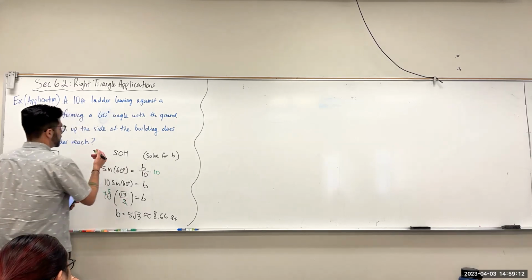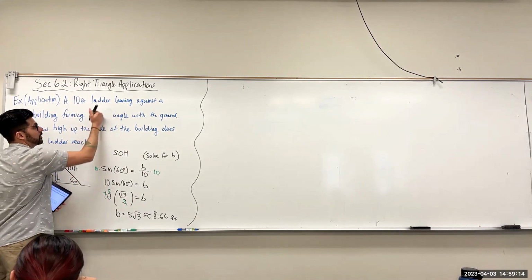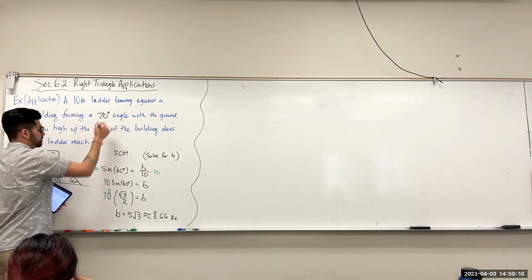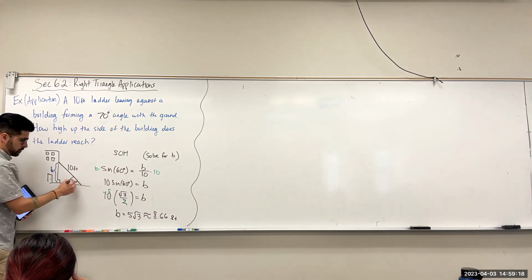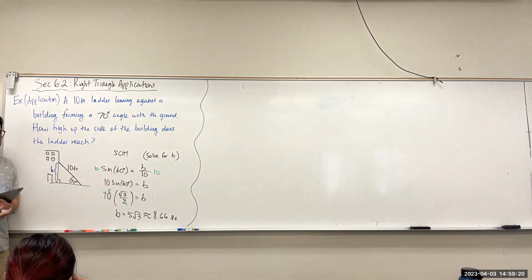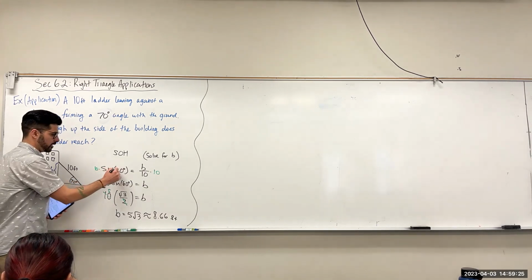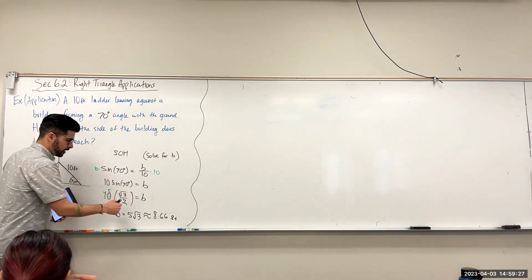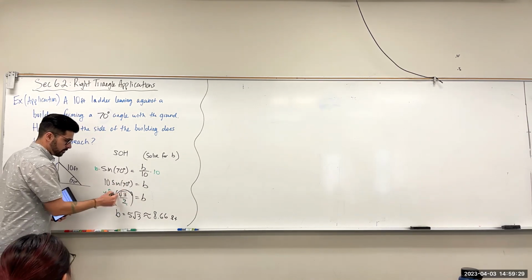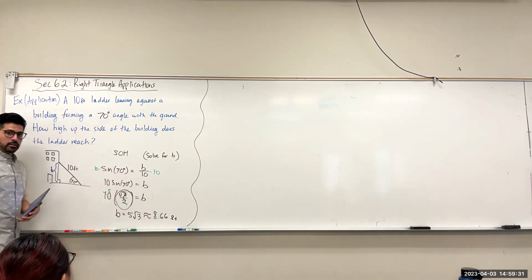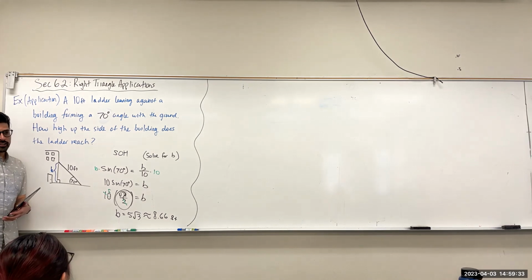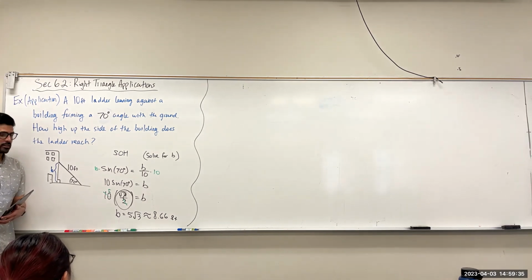Basically, what would we do if this angle was 70 degrees? How would we figure that out? If all this changed to a 70, then here we're stuck. Convert it to radians? Even if we convert it to radians, we would still be stuck. We wouldn't need to, we just take 90 and 70.